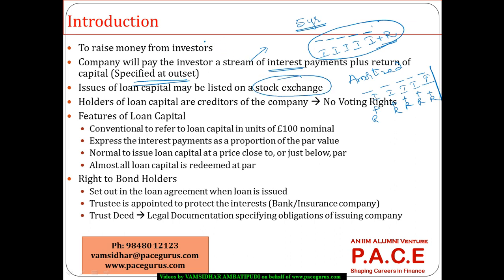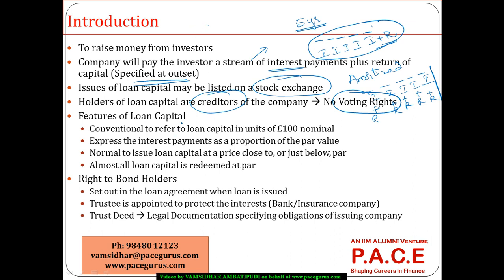The majority of these bonds are listed on the stock exchange. Whosoever has purchased these bonds has lent some money to the company, so they are the creditors, but they don't have any kind of voting rights. They are not the owners. They are the lenders to the company. They are the creditors, right?